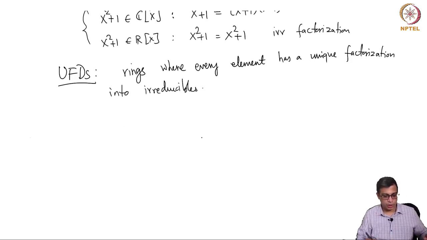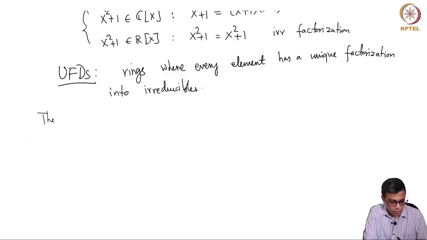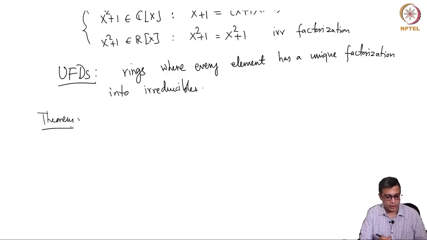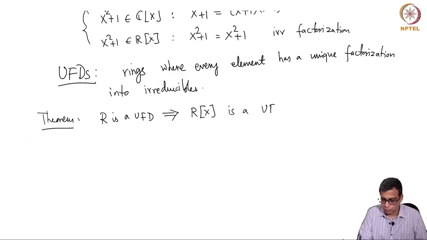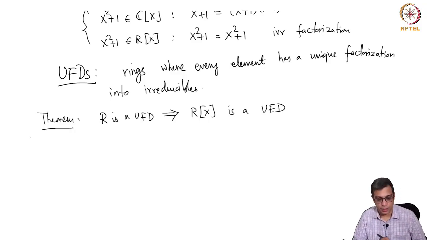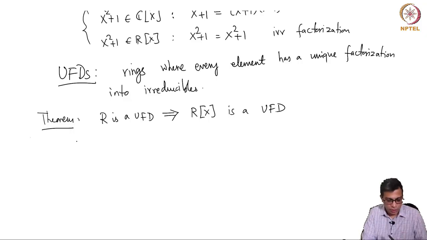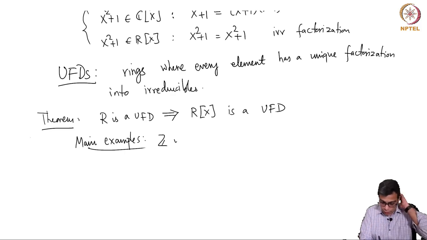Okay, so the main theorem that we will recall at this point is, if R is a UFD, then R[x] is a UFD. This is covered in many courses on ring theory. The main examples are: Z is a UFD.